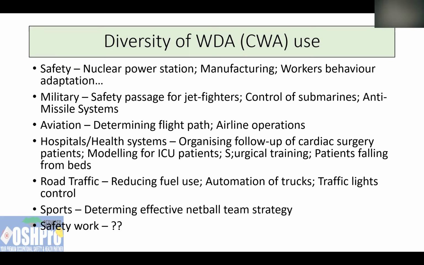Who should go fast? They use work domain analysis. In sports, I read a paper in Australia where they used work domain analysis to analyze netball matches, to come up with the best strategy for winning matches in netball.